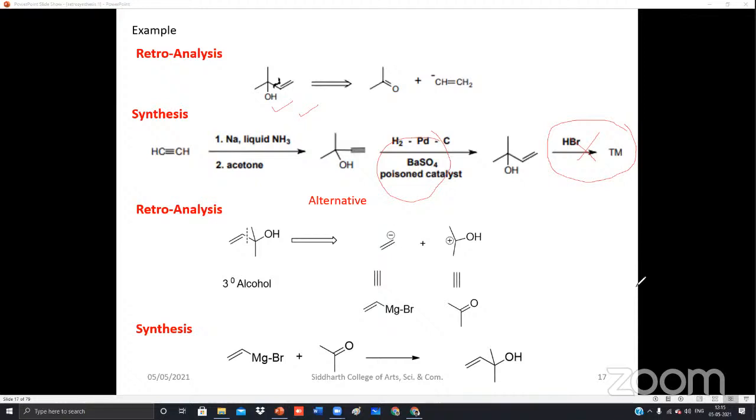But when we use a sulfur-based compound like barium sulfate, what will happen? The activity of palladium will get reduced. Sulfur-based compounds are the most dangerous in case of poisoning of heavy metals particularly. That's why we have used barium sulfate here. If we use some sulfur-based compound, the palladium would not work at all. So it poisons and reduces the reactivity of that particular metal. That's why we have used it here.